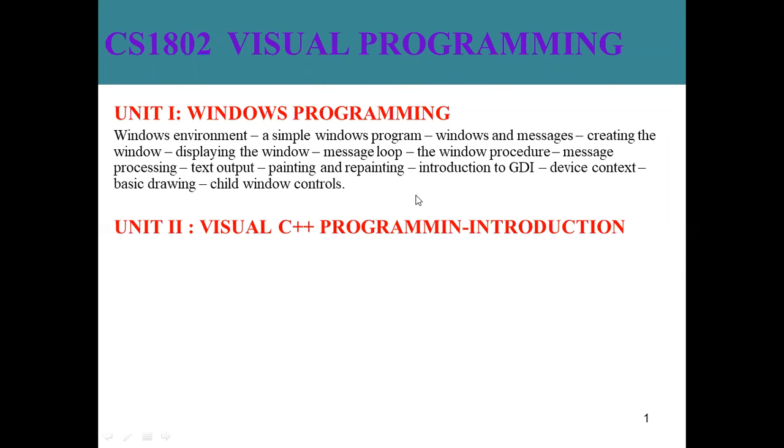Then module 2, in which we will discuss Visual Studio C++, again Visual Studio C++ programming or event-driven, event-based programming, where we learn how event-driven programming and Visual Studio C++ are helpful for designing Windows programs. Clear?